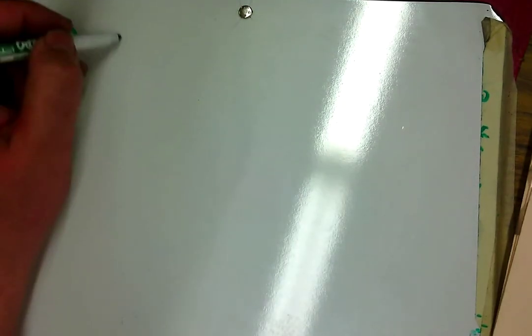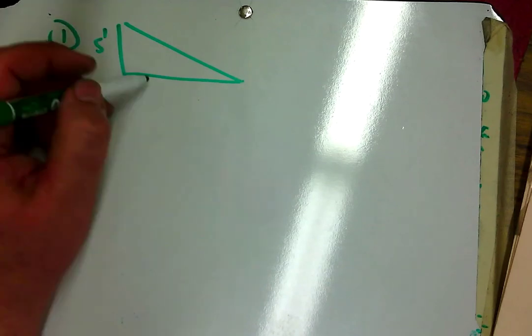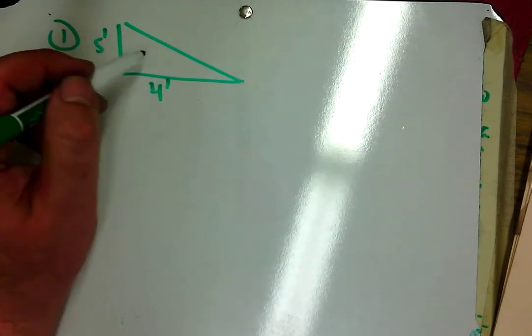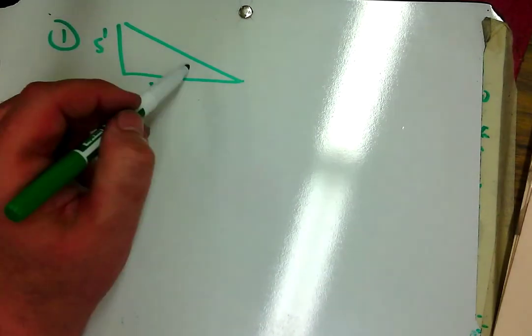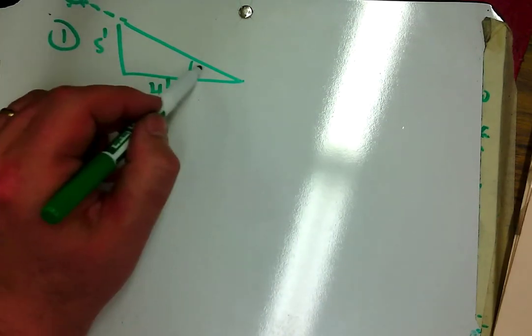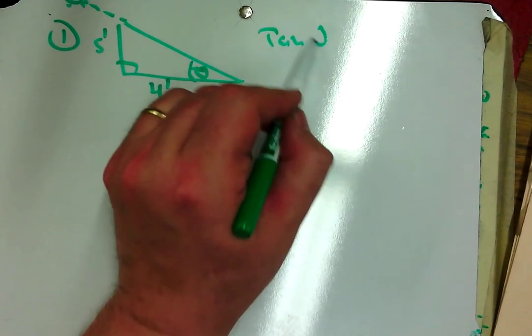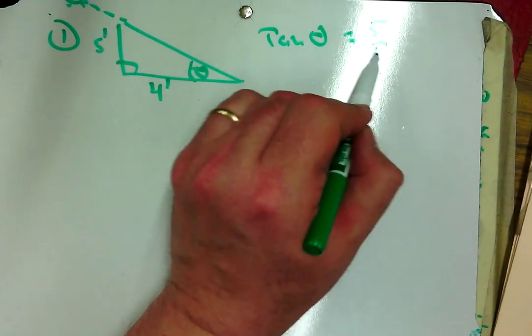Number 2 on Station 2. Let's take a look at Station 3. Oh, a 5-foot-high mutant ant casts a shadow of 4 feet. Find the angle of elevation to the sun. So we're looking for theta. Well, tangent of theta is 5 over 4.